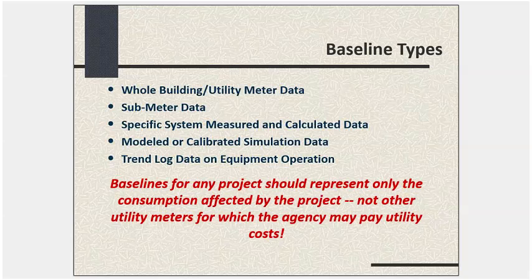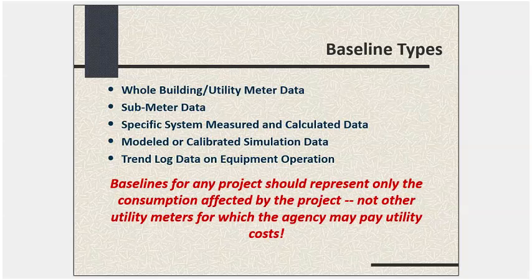In terms of baseline types, the whole building utility meter data is one approach. Then there's the sub-meter data, typically a dedicated system of some kind. A good example might be a PV system, which generates power output, and you could have a sub-meter on there to measure the kWh output. Then you may have specific systems where you're doing spot measurement of some kind, and you're doing short-term measurements, and then using calculations to estimate savings.